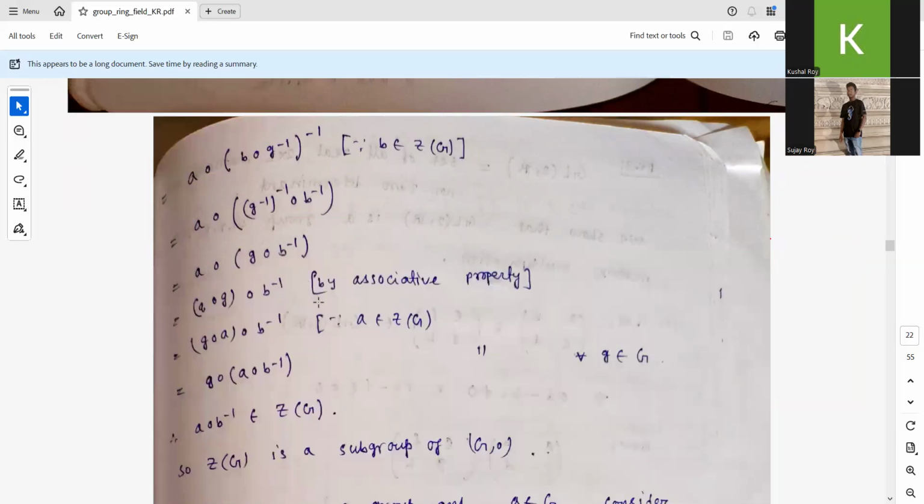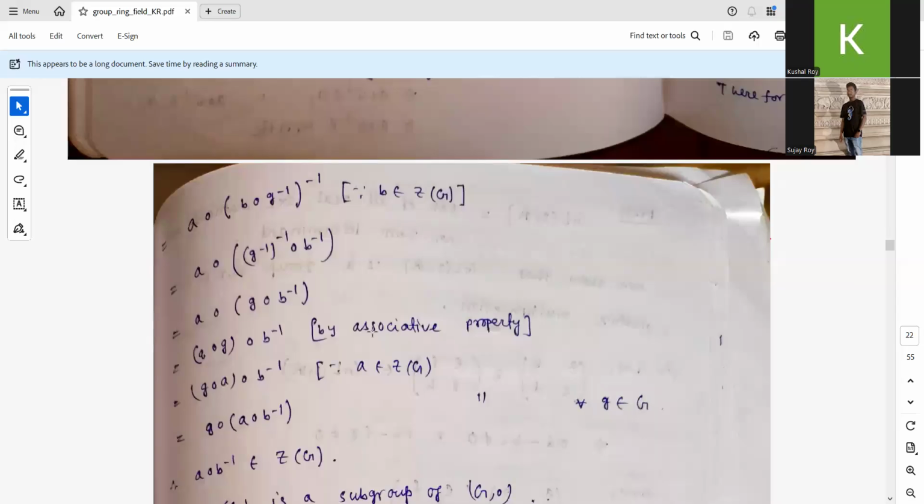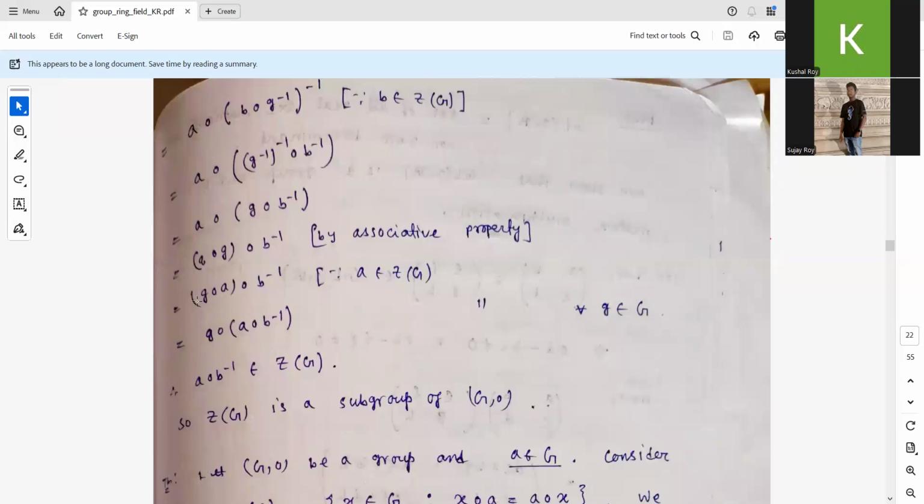Now we can rearrange the parentheses by using the associative property again. So a composition g composition b inverse. Now a again belongs to ZG, so a also commutes with g. That means a composition g can be written as g composition a.